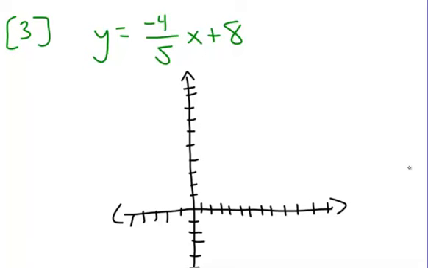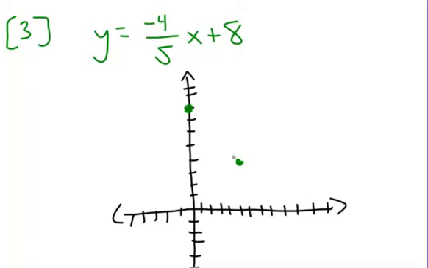So my y-intercept is at 8, so I'm going to go up to 8. And look, my rise is -4 this time, so I'm going to go down 4, 1, 2, 3, 4, and run 5. 1, 2, 3, 4, 5.